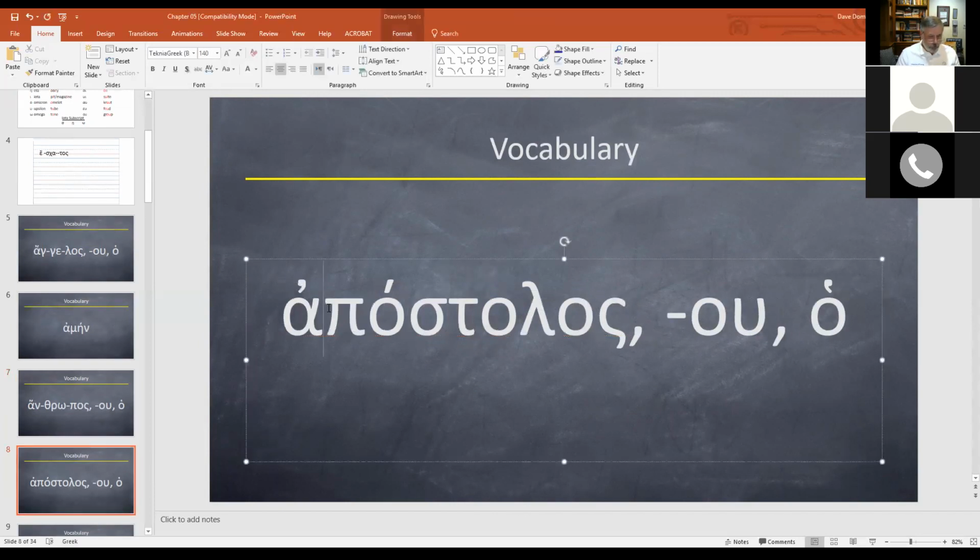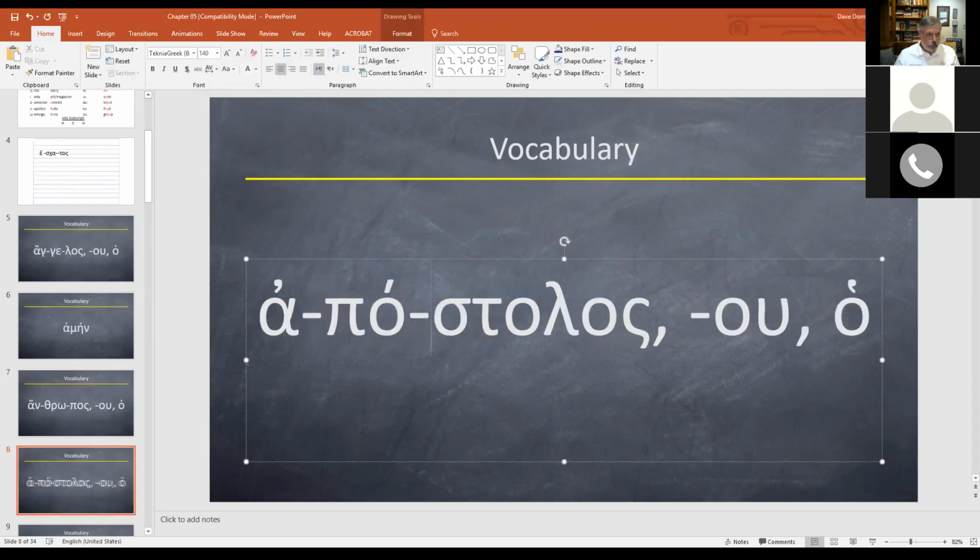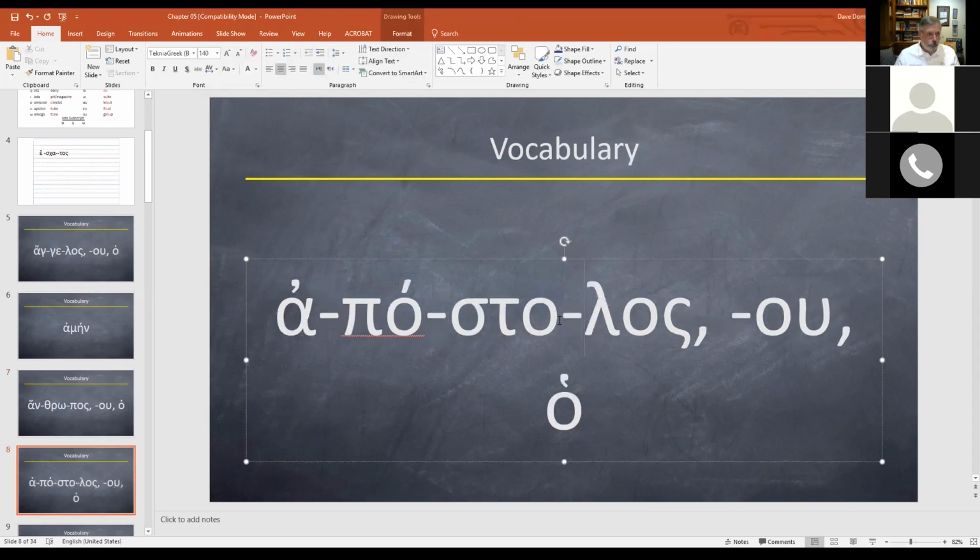Okay, and then here we have one that is very common. It'd be pronounced a, po, sto, los. And so my accent goes here, apostolos. What would apostolos mean? It sounds like the English sent.